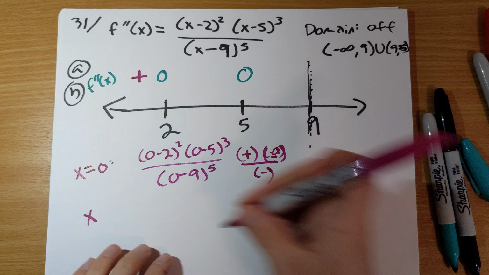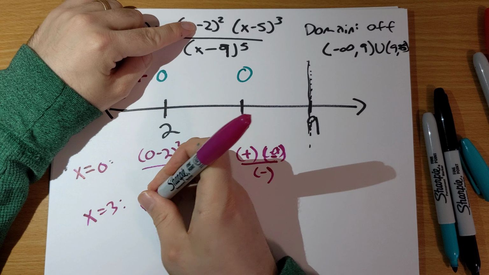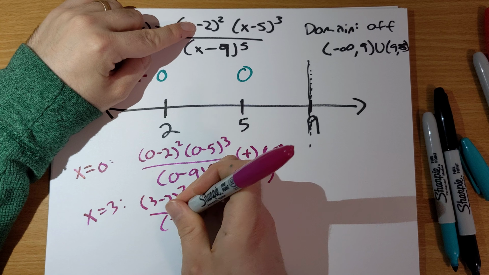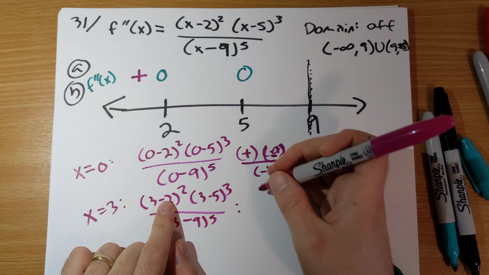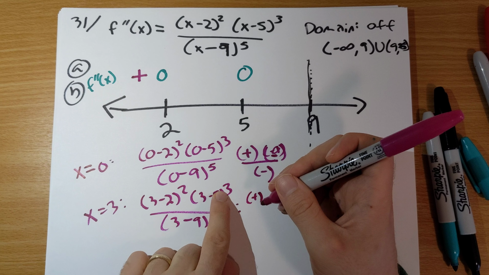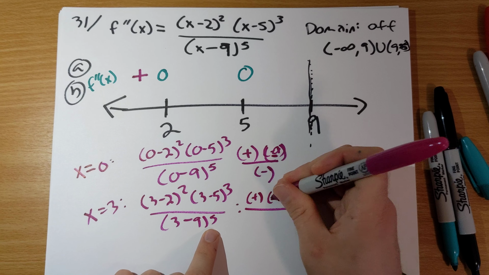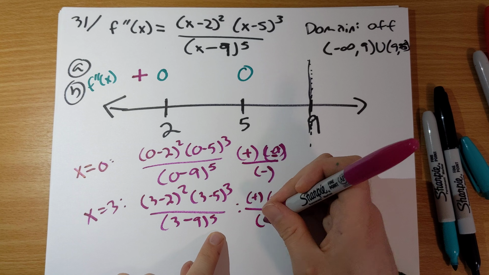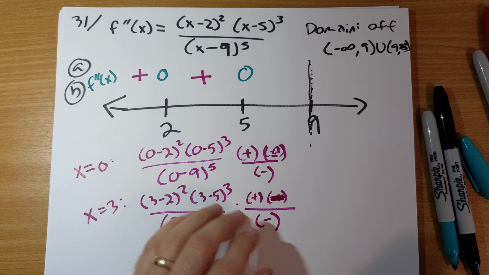How about between 2 and 5? We can test x equal to 3. We would get (3 minus 2) squared times (3 minus 5) cubed over (3 minus 9) to the fifth. So 1 squared is positive, negative 2 cubed is negative, and then negative 6 to the fifth is also negative. Positive times negative over negative is also positive.